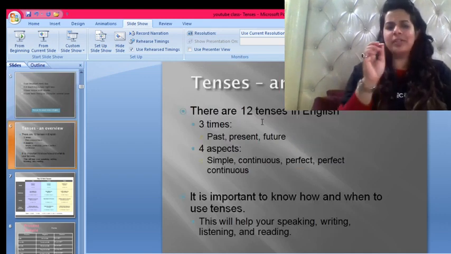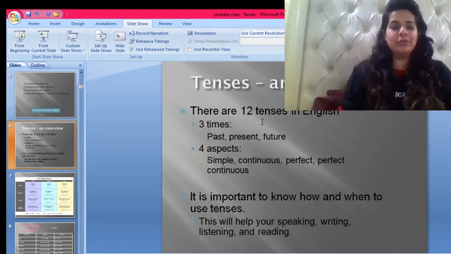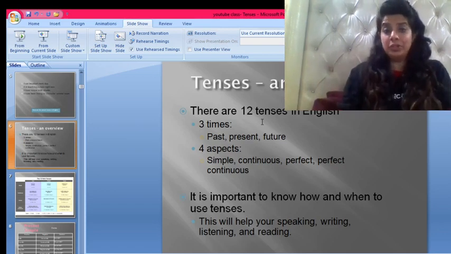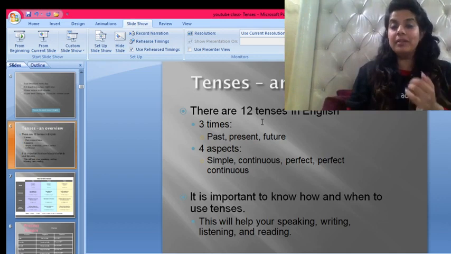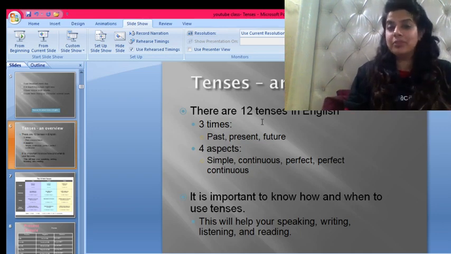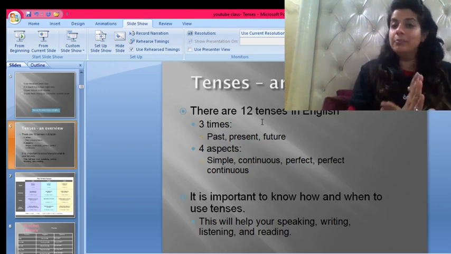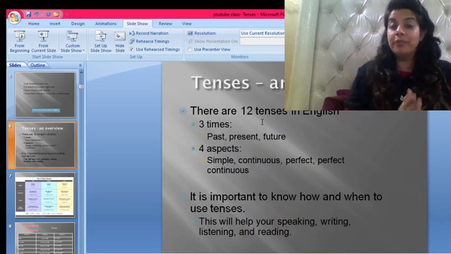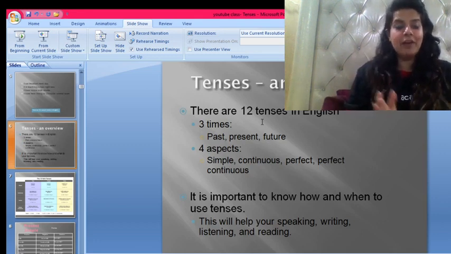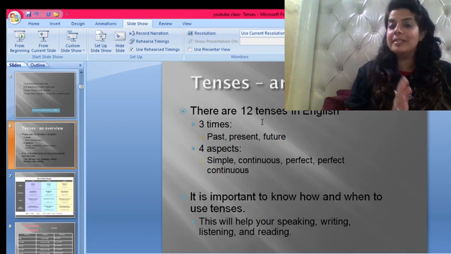Now, if we just have a quick overview of tenses, we understand that there are 12 tenses in English. Okay, and three times are there. We have past tense, we have present tense, and we have future tense. And there are four aspects to the tenses. There are simple tenses, we have continuous tenses, we have perfect tenses, and then we have perfect continuous tenses.